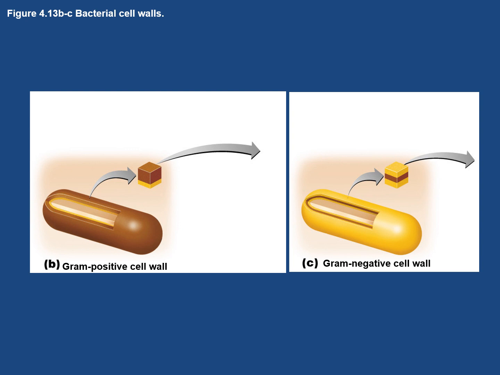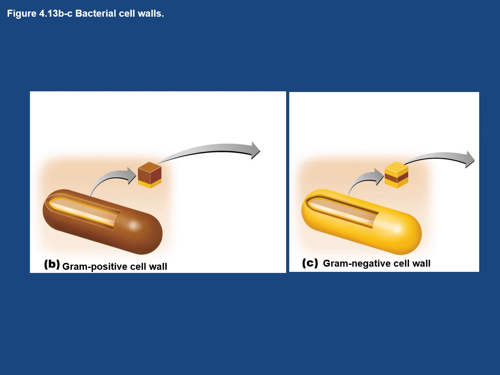So in this slide, what we're showing is the gram-positive versus the gram-negative bacterium. And this darker brown color is representative of the peptidoglycan that makes up the cell wall. So as you can see in the gram-positive, it is a very thick layer.